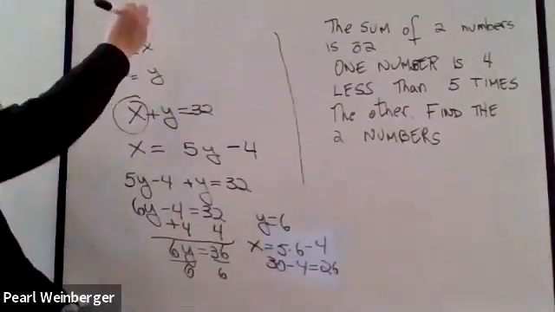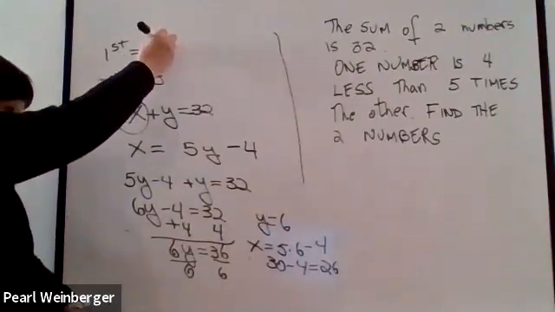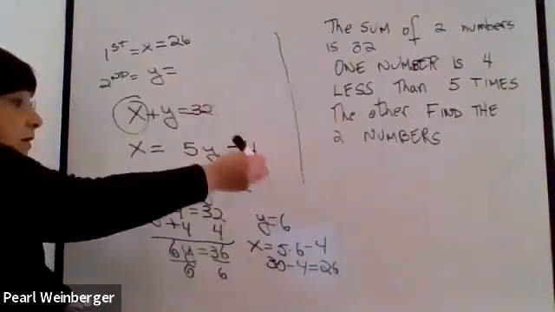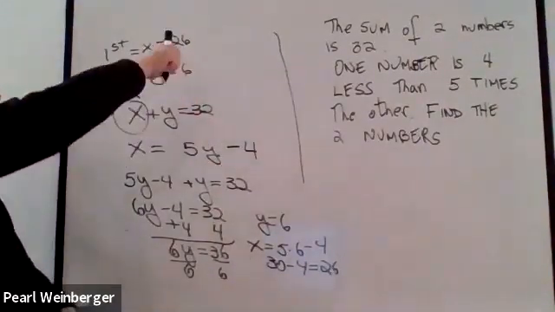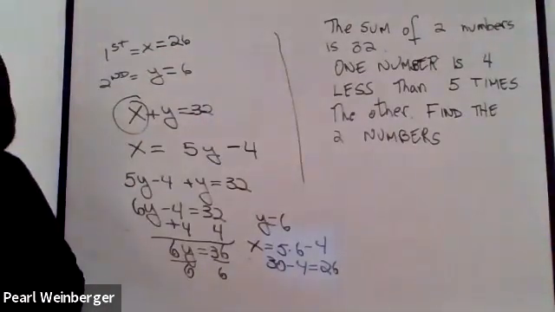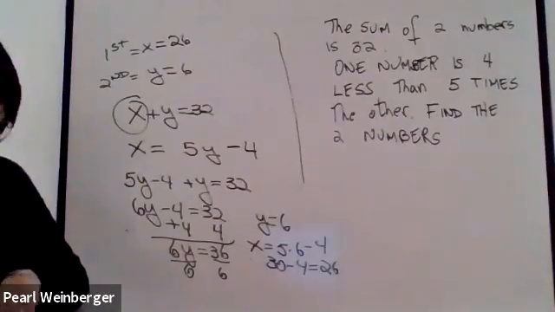So my first number, my X, came out to be 26, and my Y came out to be 6. Notice when I add them, 26 with 6 does give me 32, so it does check. So this is how we solve word problems that involve numbers.